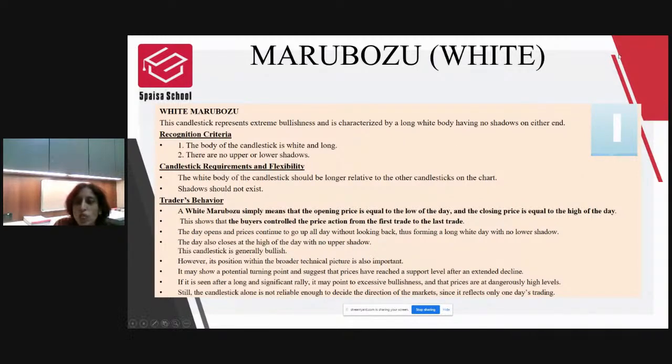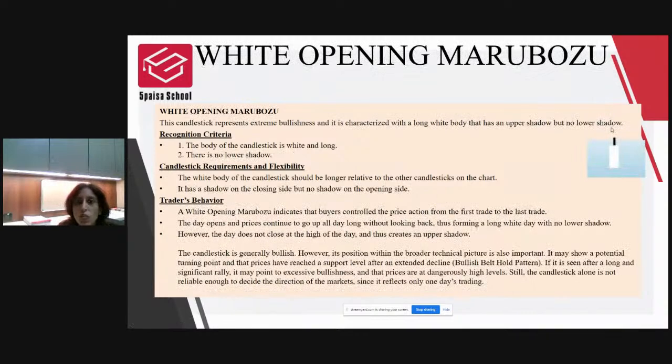So this was your white MARUBOZU. Now let's come to the white opening MARUBOZU. Why do I say opening MARUBOZU? You see a shadow on the closing side.